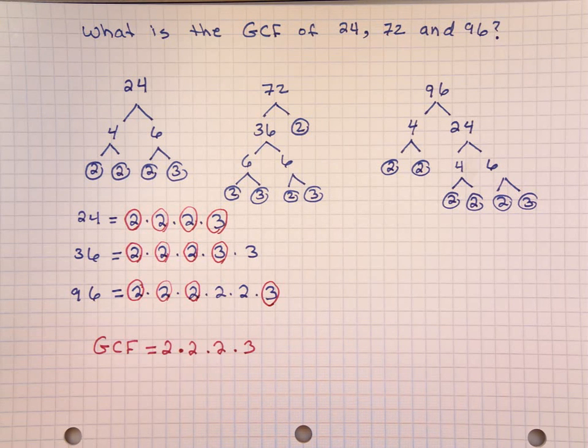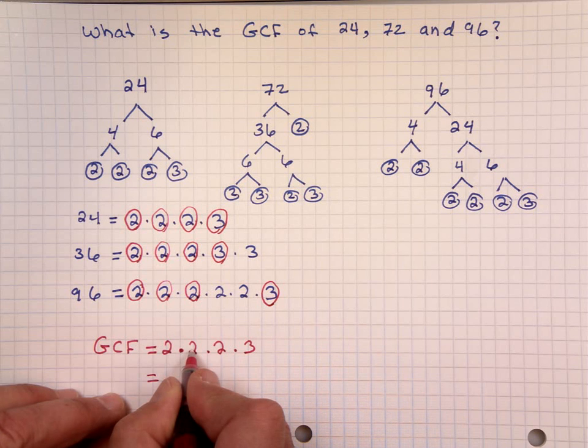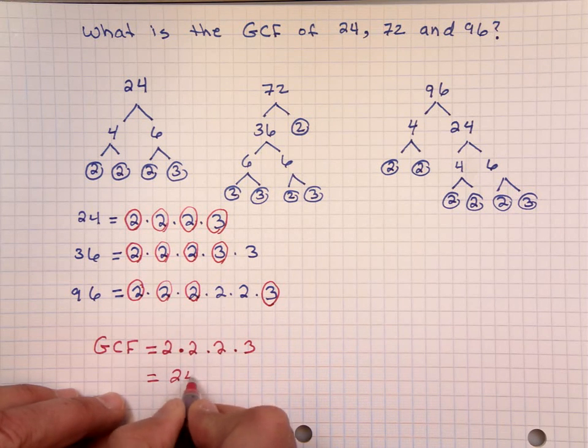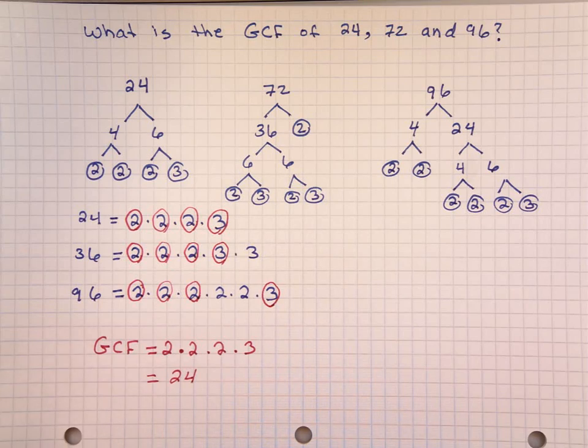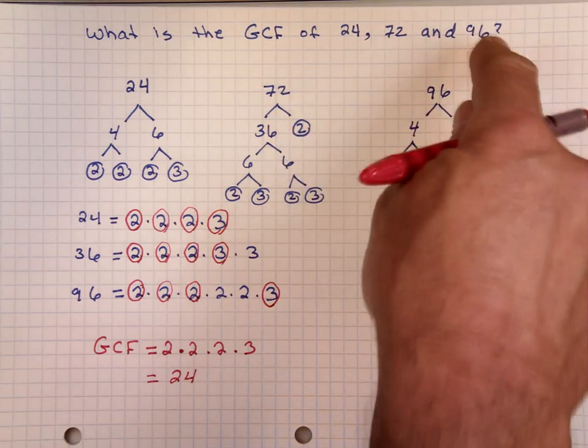Now if you multiply these numbers out, what's 2 times 2? 4. 4 times 2, 8. 8 times 3, 24 is the largest integer that is a factor of 24, 72, and 96.